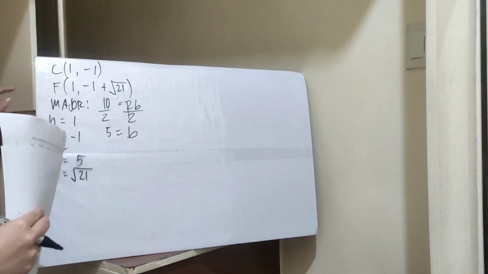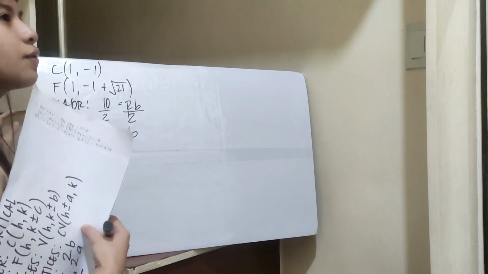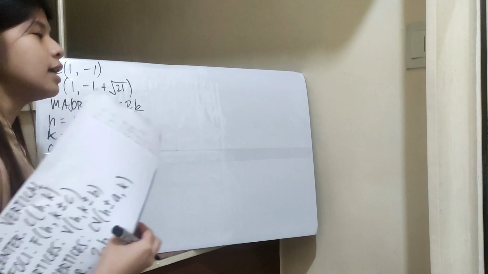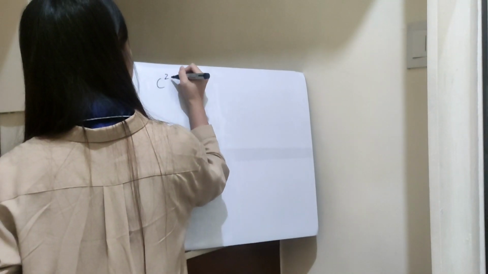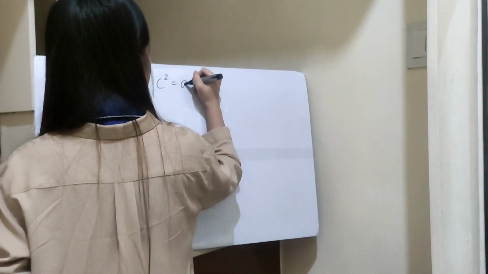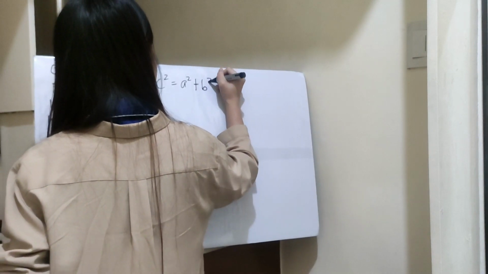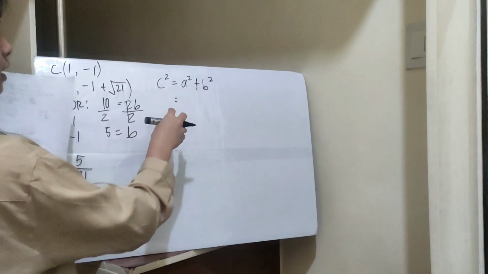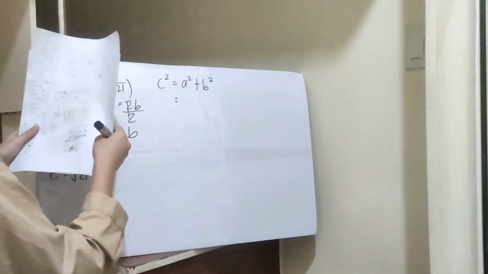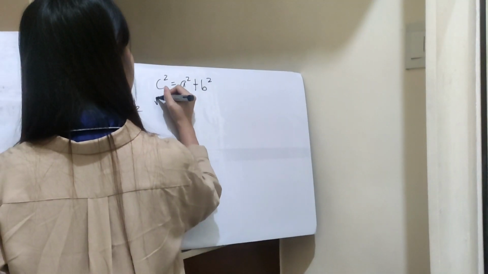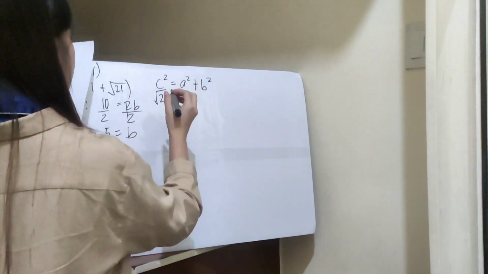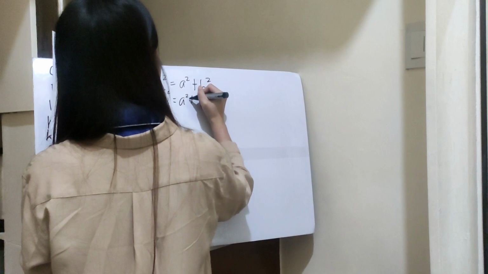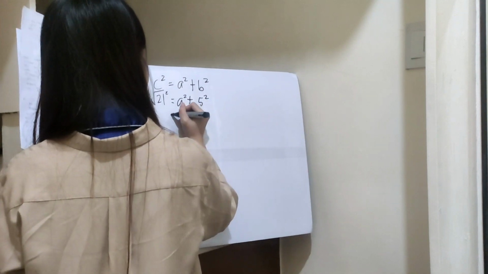Since we don't have any clues to find a, we will use the Pythagorean theorem, which is c squared equals a squared plus b squared. Since we already have the values of c and b, we have square root of 21 squared, a squared, leave that as a, plus 5 squared.